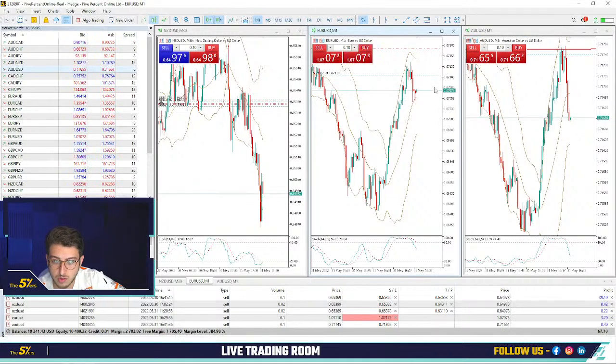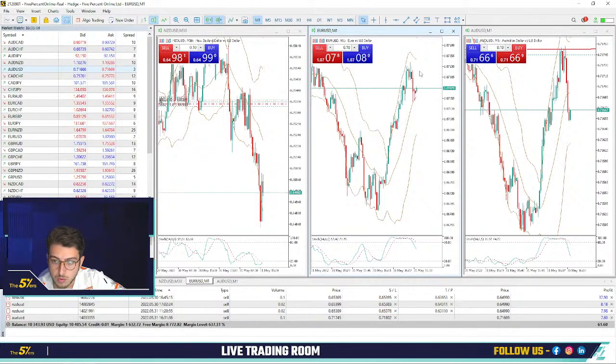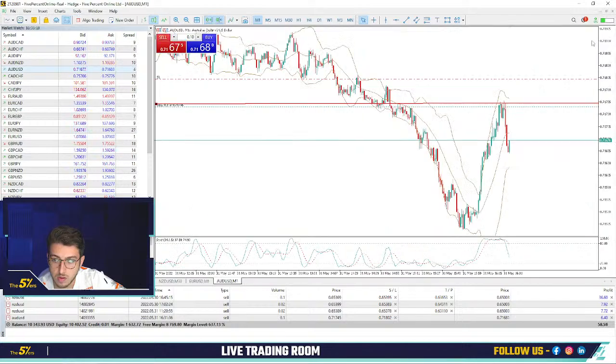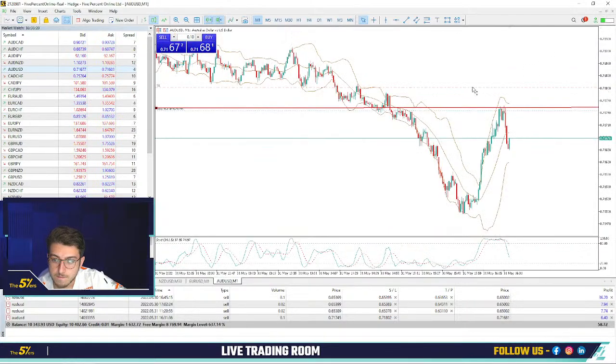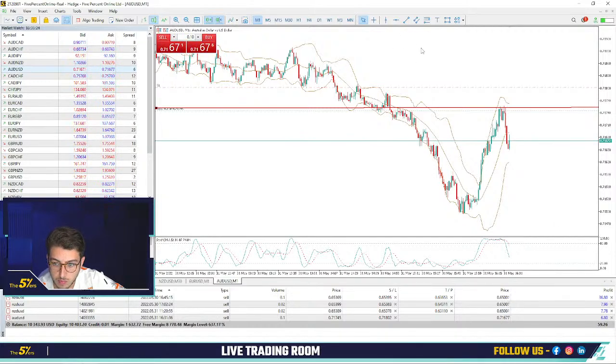I can close a little bit on the euro dollar and let it run on the Aussie dollar. That's also something I can do. It's okay. So we close for the euro dollar. We see that it's struggling a little bit here. Yeah, we will close also on the Aussie dollar, maybe in the next 2 minutes. Maybe trailing my stop.